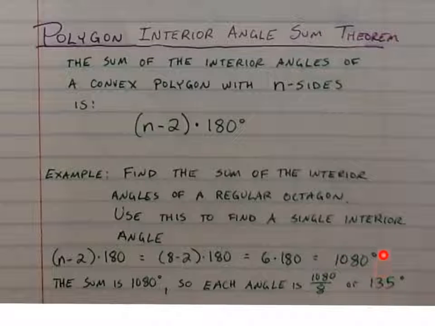So the interior angles add up to 1080 degrees. And if it's an octagon, then each of those angles, or that 1080, is split equally among the 8 angles. Equally only because it's a regular octagon. So in a regular octagon, like a stop sign, what we would find is that each angle is 135 degrees.